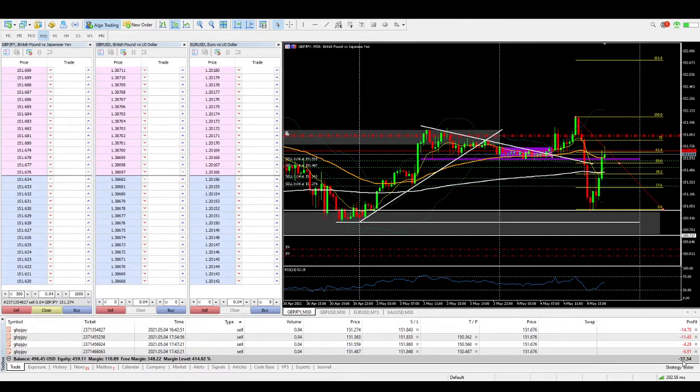So at least we are safe. We did not lose, we did not gain. But right now we are losing $38, $39. And let's see how this plays out.